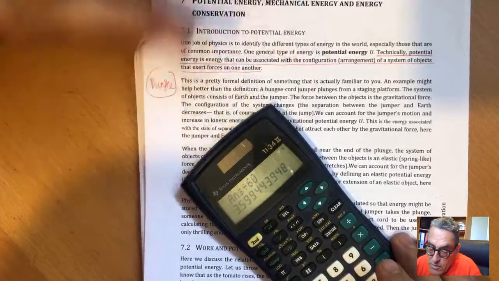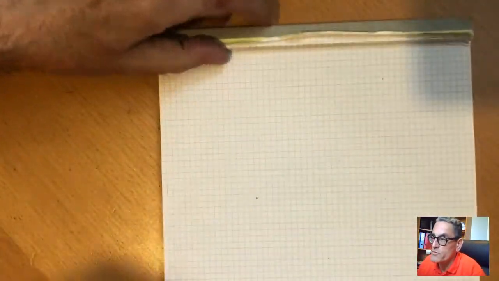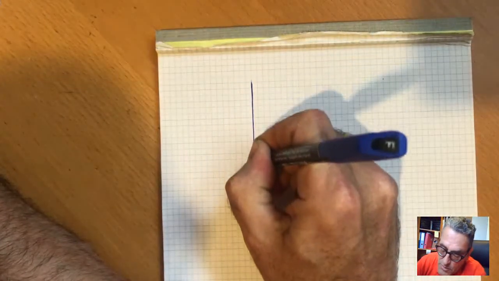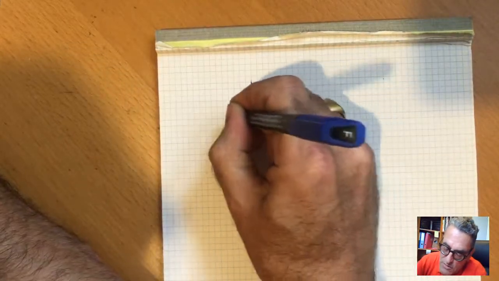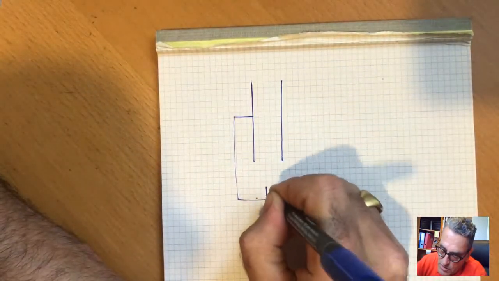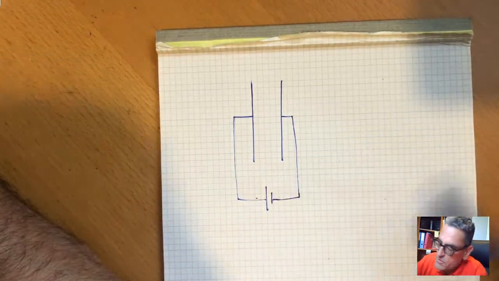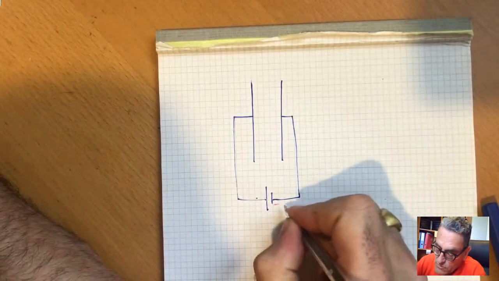Now I can give you a completely different example of potential energy. Take a capacitor. You remember from electricity, a capacitor has two plates which are charged, connected to a generator. The negative pole of the generator is full of electrons.